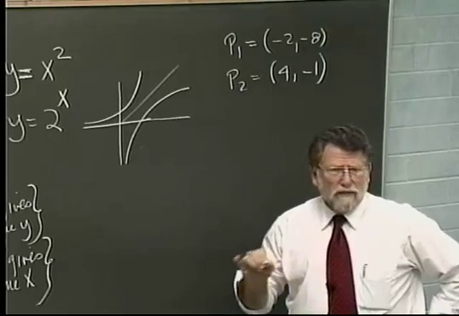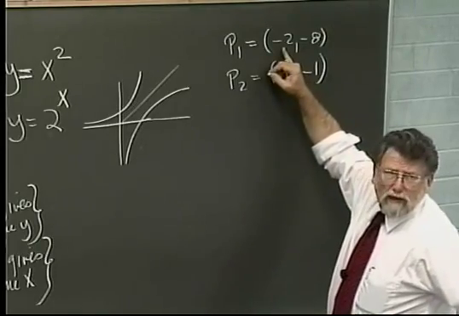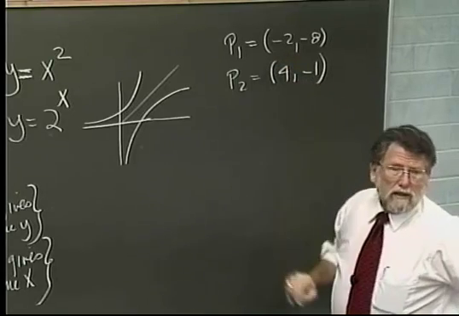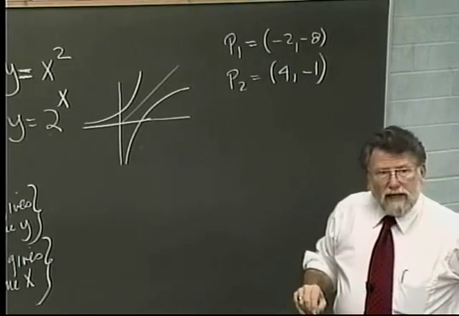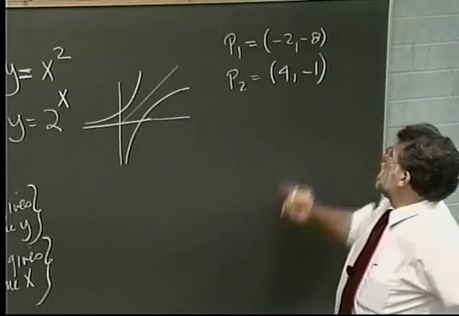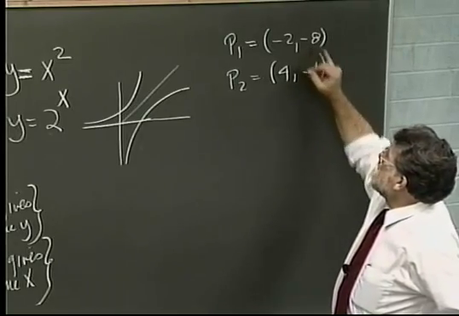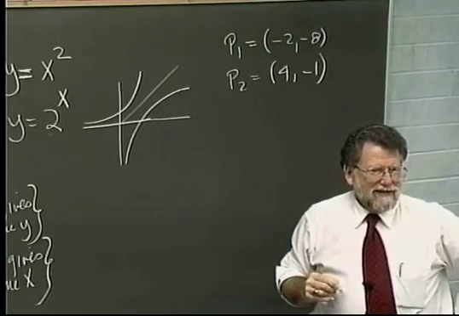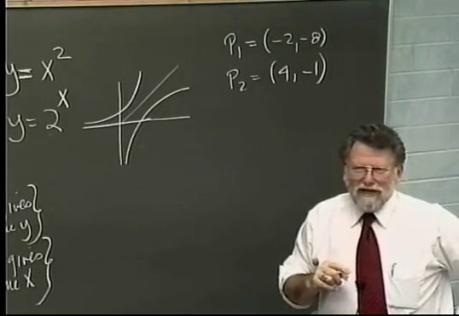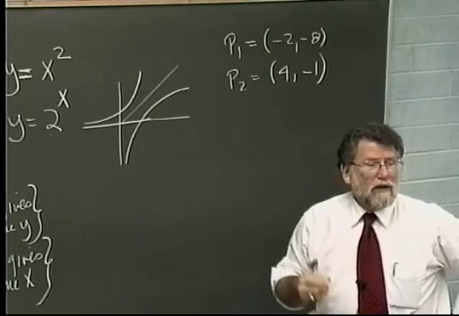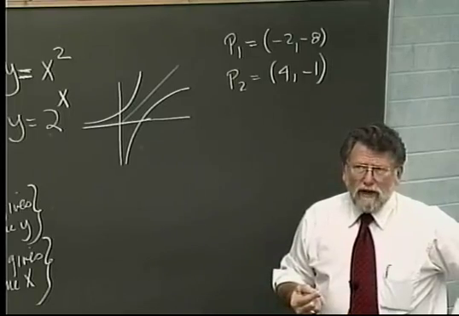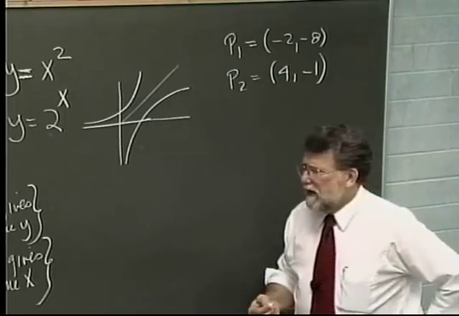What happens as I go from P1 to P2? X changed which way? It got larger, correct? So as x got larger, what happened to y? Did it get larger? I went from -8 to -1. Isn't -1 a larger number than -8? That's the problem where we think in terms of negatives, and sometimes we look at magnitude in absolute value. We see an 8 and a 1 rather than a -8 and a -1.